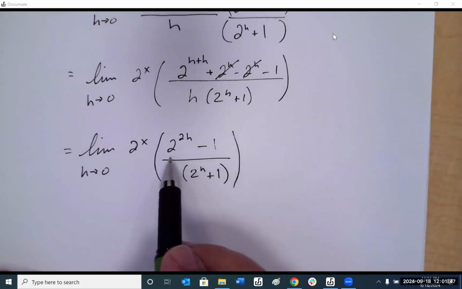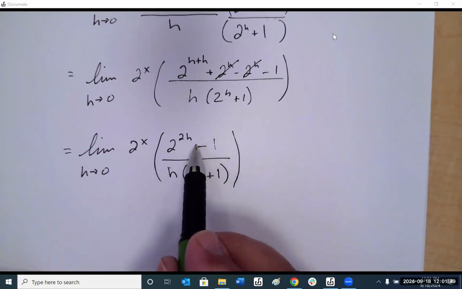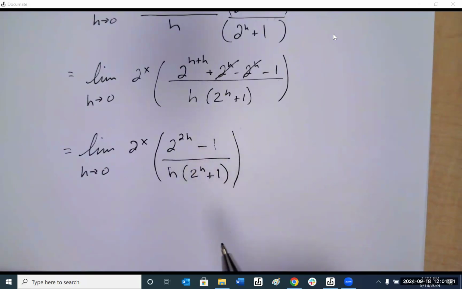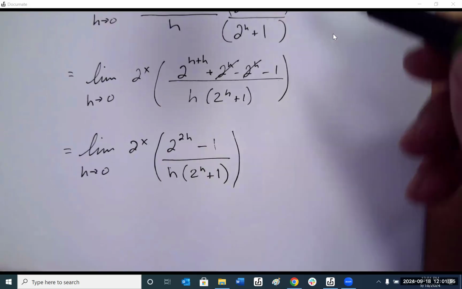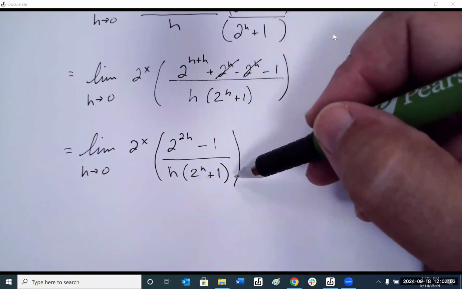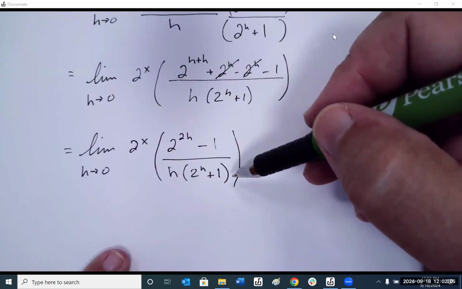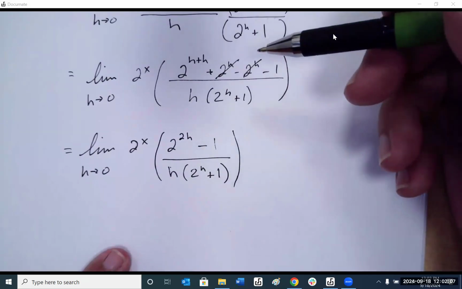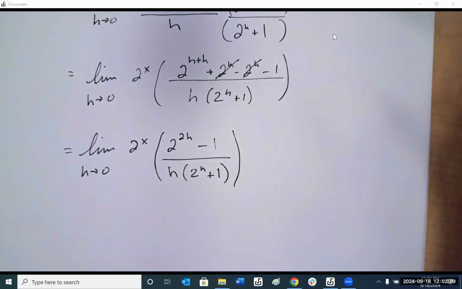Because if the top, we're still stuck at 0 over 0. So it's an infinite loop.